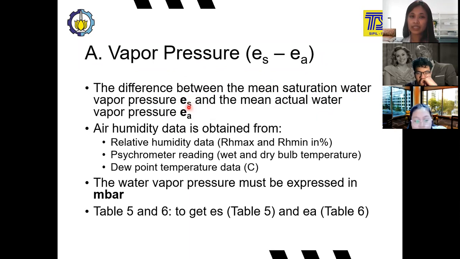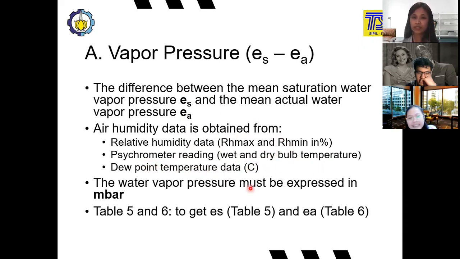By these ES and EA, we can know from these various data. Usually the data is not given as the water vapor pressure directly. No, usually the data known is the relative humidity data, or the temperature of wet and dry bulb, psychrometer reading, or the dew point temperature data.